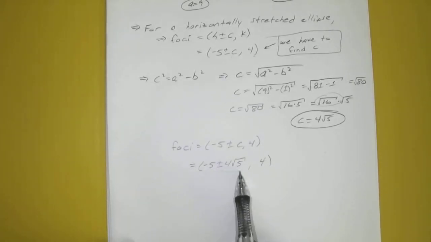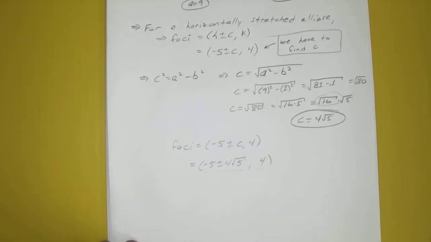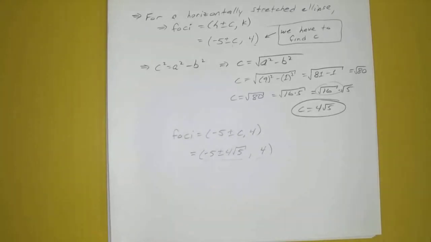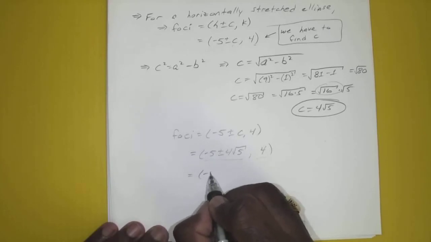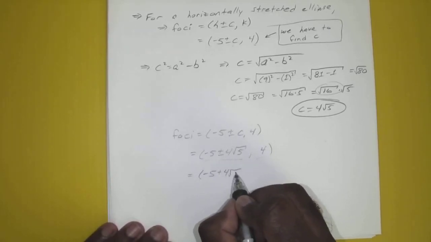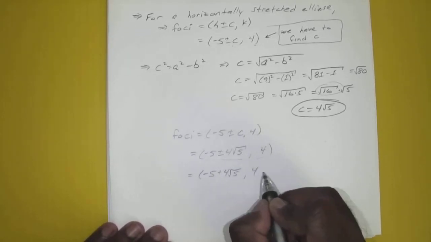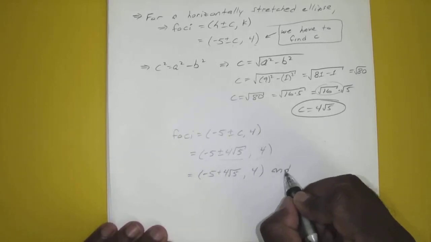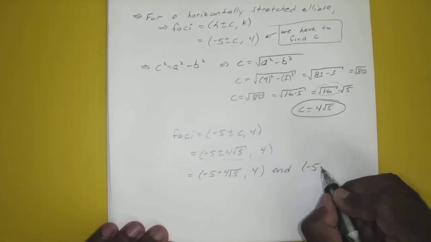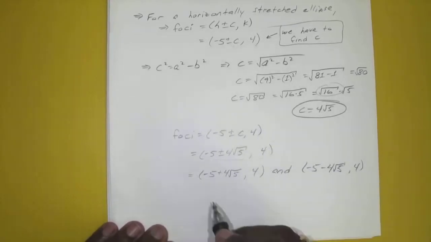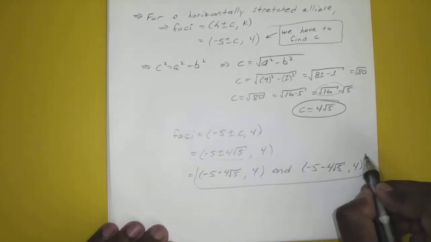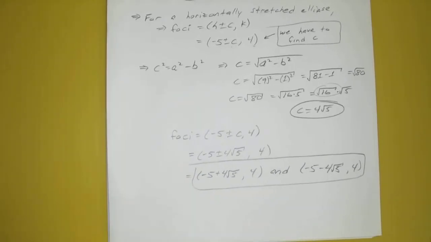Okay, where this is our x value, that's our y value. Okay, so if we just separate those, that means it's going to equal -5 plus 4 square root of 5, 4. And -5 minus 4 square root of 5, 4. Okay, so those would be your two focus points.